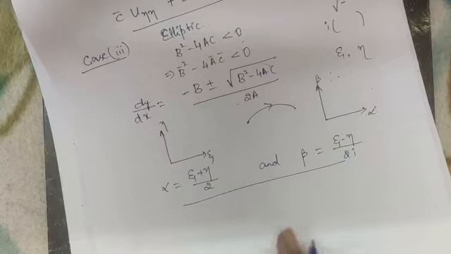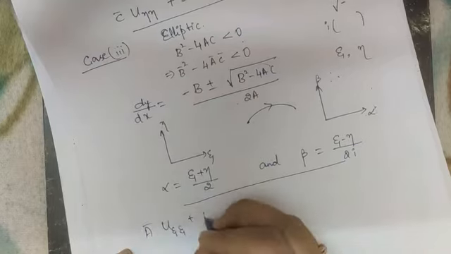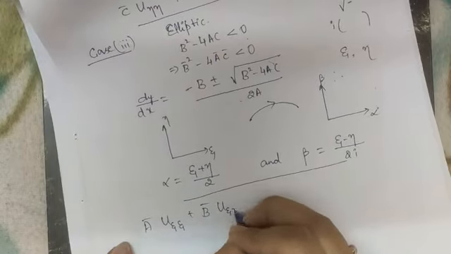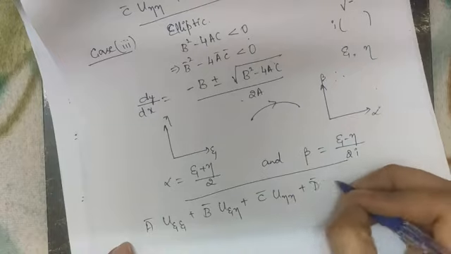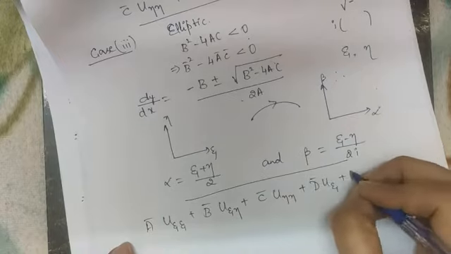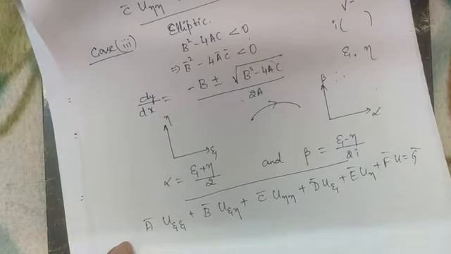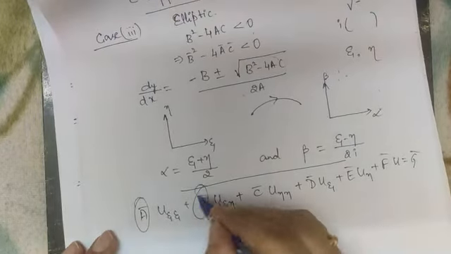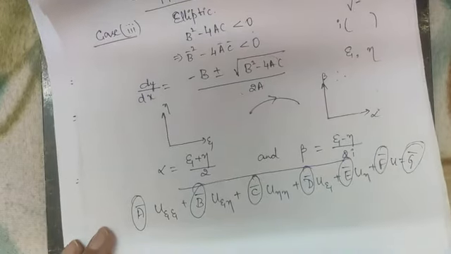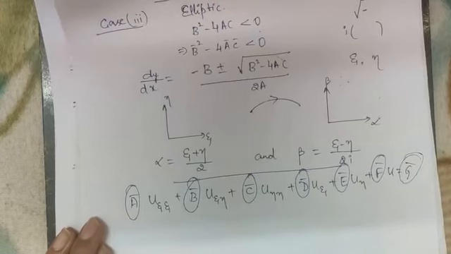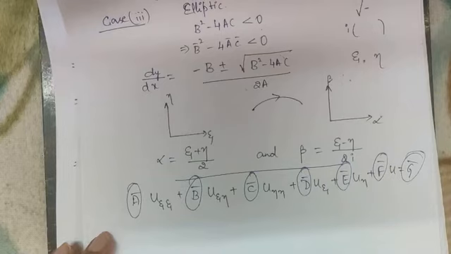That means you will get a bar u xi xi plus b bar u xi eta plus c bar u eta eta plus d bar u xi plus e bar u eta plus f bar u is equal to g bar. You will get values for all these. Is that clear? Now by keeping all these steps in mind, let's move to problems.